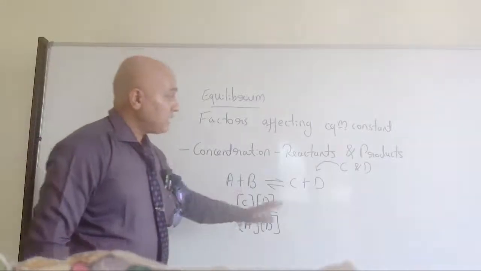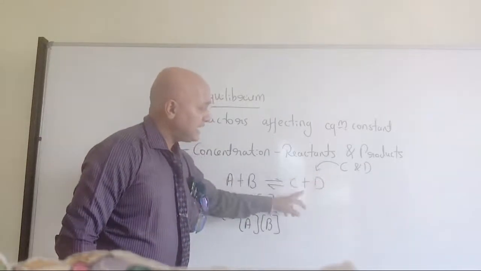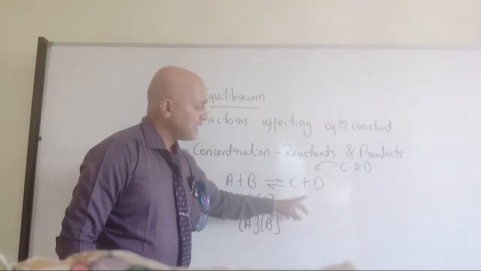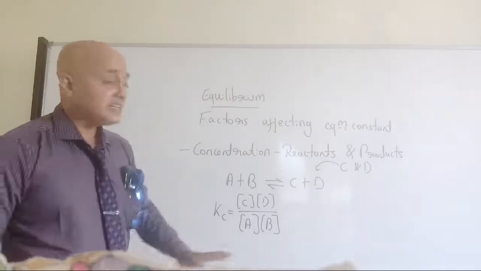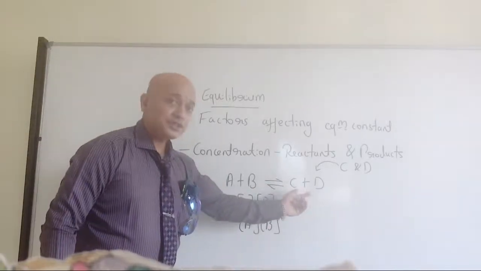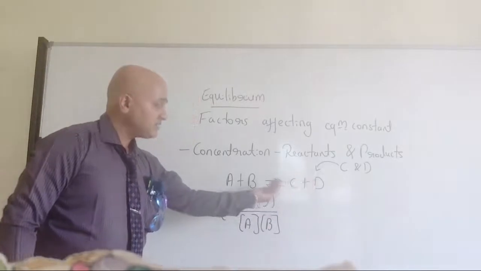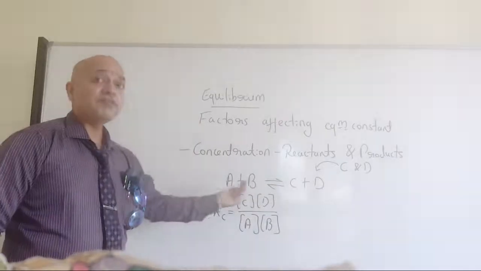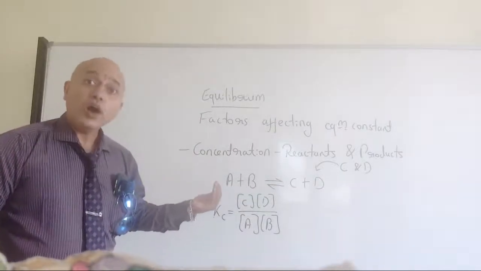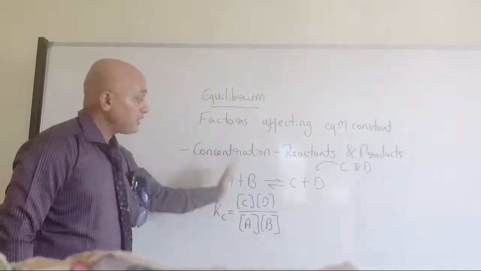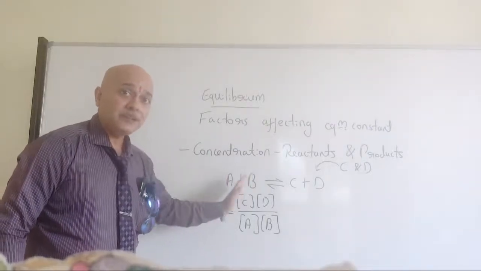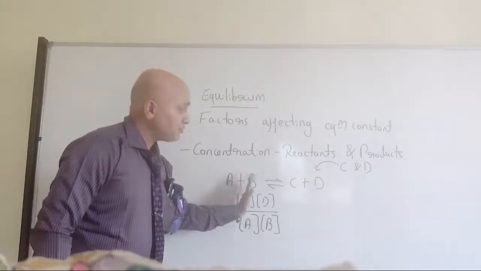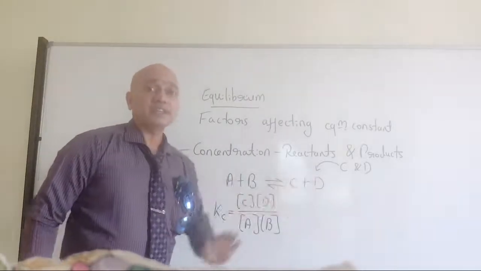Now what I am going to do is add one of the products, or C and D both, to the solution. Since there is an increase in the concentration of C and D, the reaction will start to move towards the leftward direction. Or if I add more of A and B, the reaction will move towards the rightward direction.